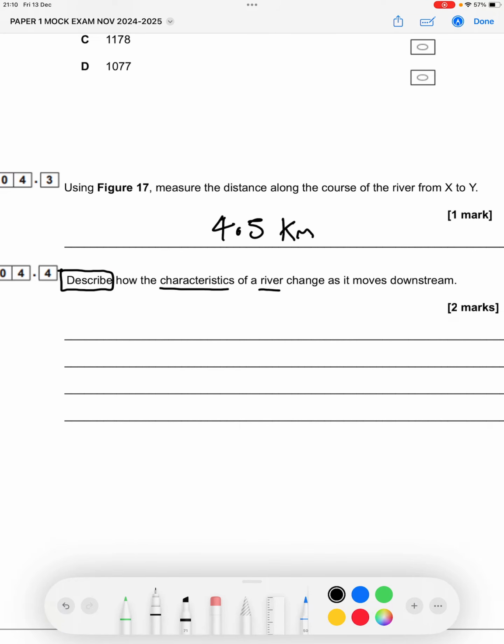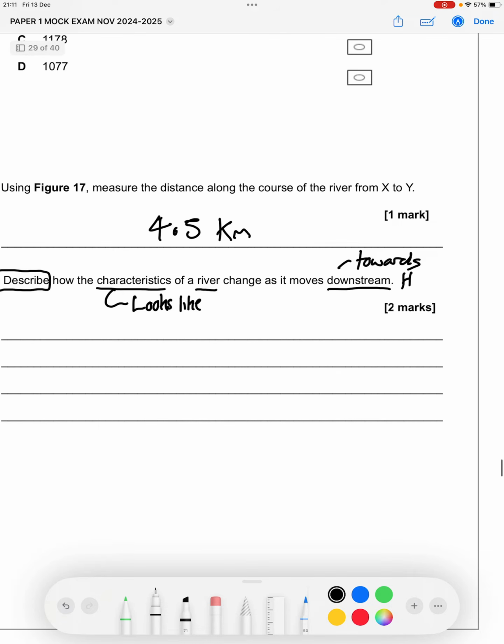You've got characteristics of the river as it moves downstream. The characteristics are what it looks like, okay, as it moves downstream towards, I'm going to run out of space. Let's see.